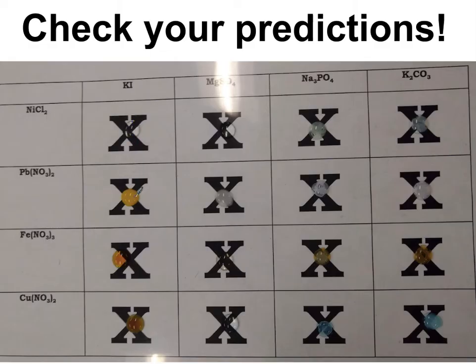But with some of the other ones, especially here, this was very similar to the one that we had at the very beginning of this lesson, we have this yellow solid that's formed. So we can't really see through that. That's why we have these X's on here, so we can determine if it's transparent or not. So check your answers and see how you did with your predictions.